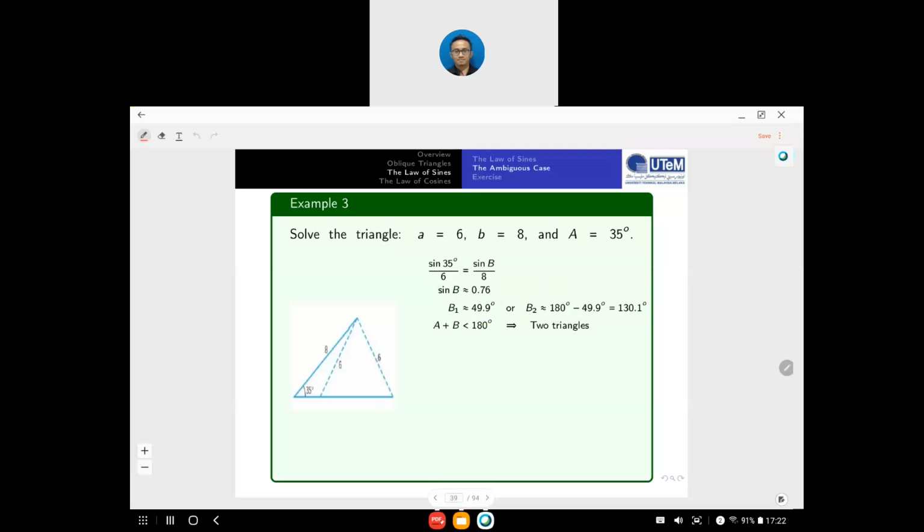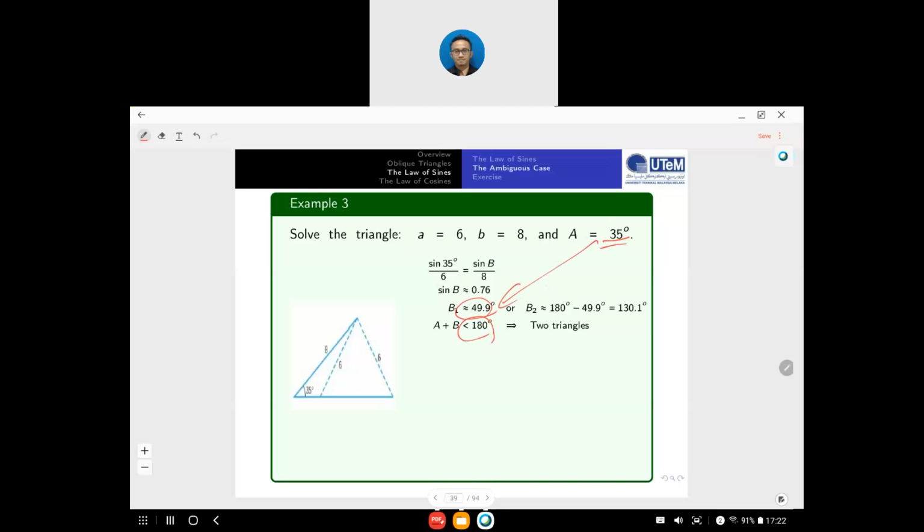In order to check whether two triangles exist or not, we know that the sum of the angles in a triangle is 180. So you have 35 and 49.9. You check whether the sum is greater than 180 or not.